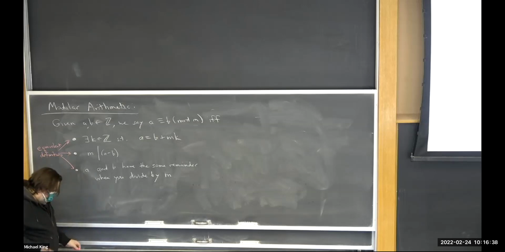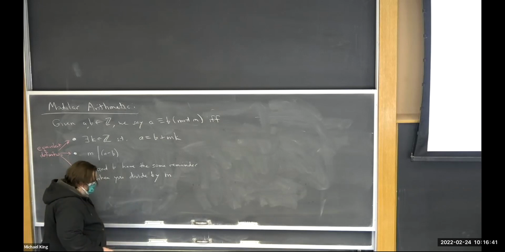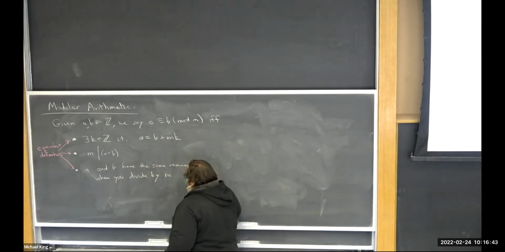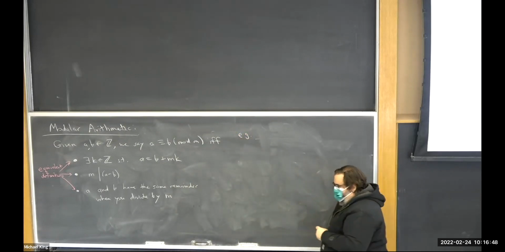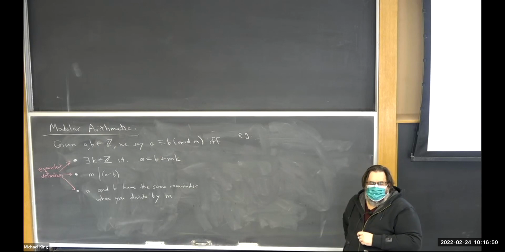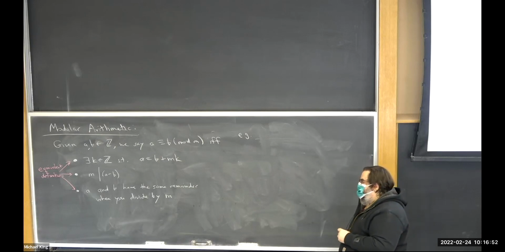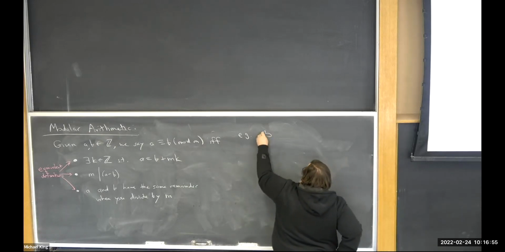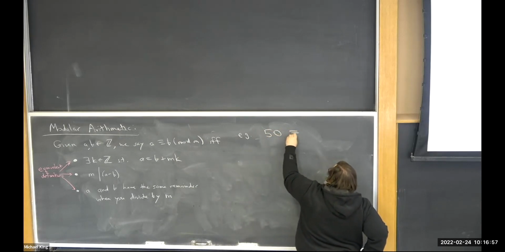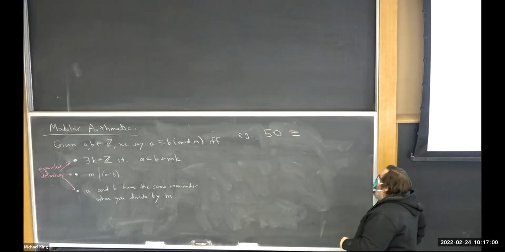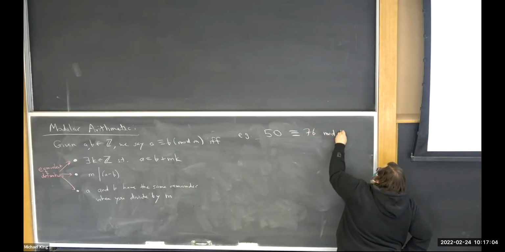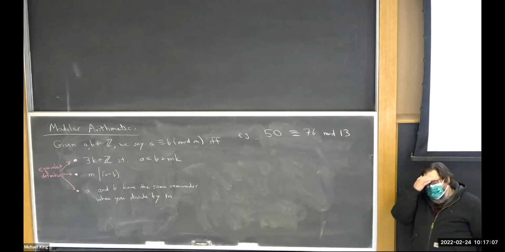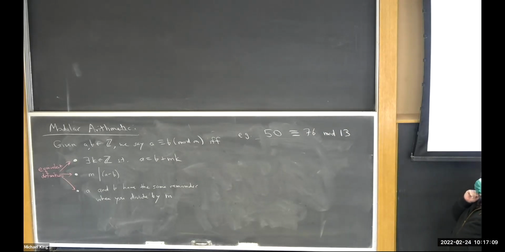So just as an example, I don't know, if we took 50, I claim that 50 is congruent to 76 mod 13. So the question is, do you believe that that fits any of these 3 definitions?